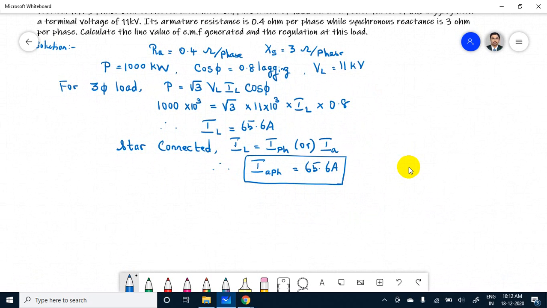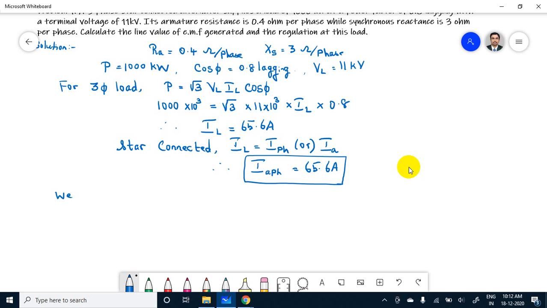Now you have to find the EMF generated, because you see the problem. Calculate the line value. Line value means EL. You have to calculate the EMF generated.